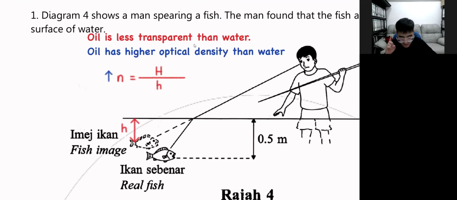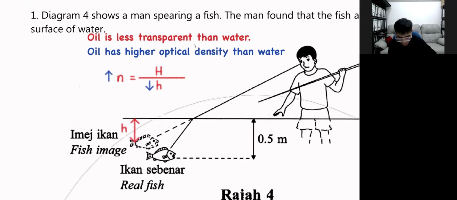And remember, because they are less transparent, it causes the refractive index to become higher. The optical density is related with the optical refractive index. So higher optical density also means higher refractive index. And again, because oil has a higher refractive index, the depth of the image of the fish will decrease.